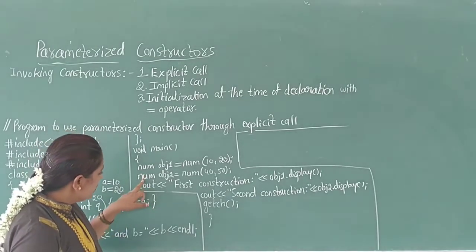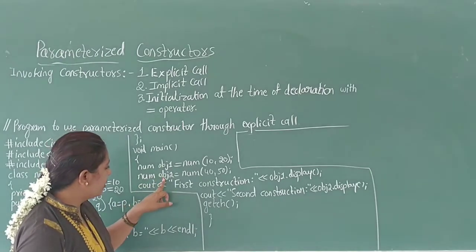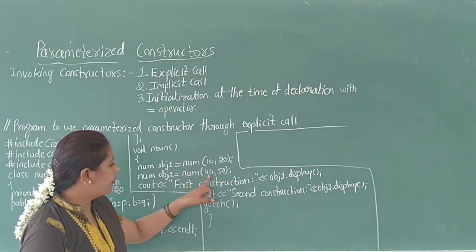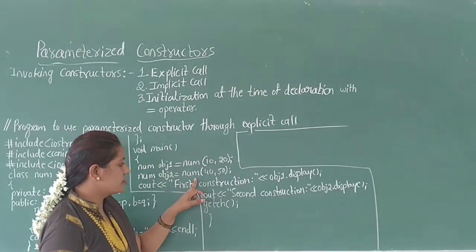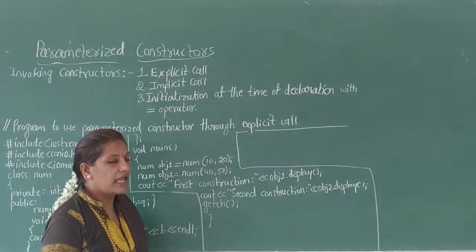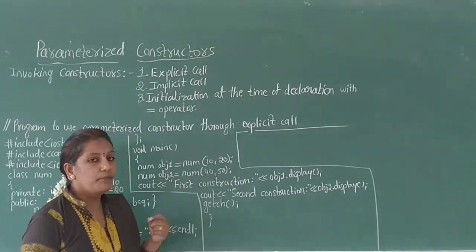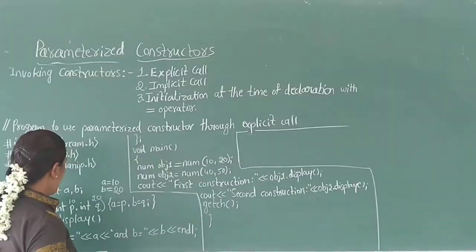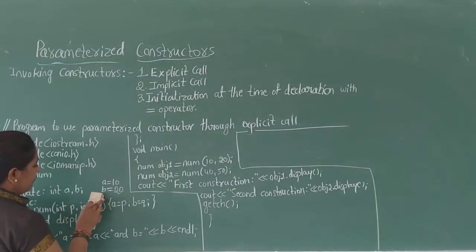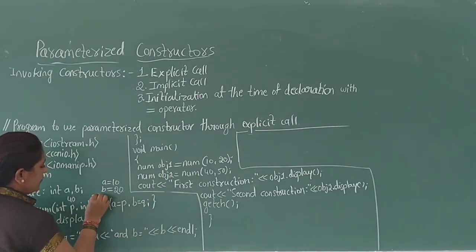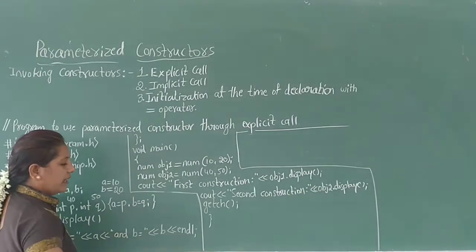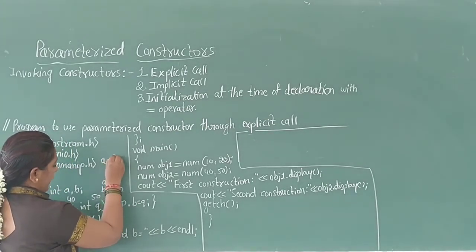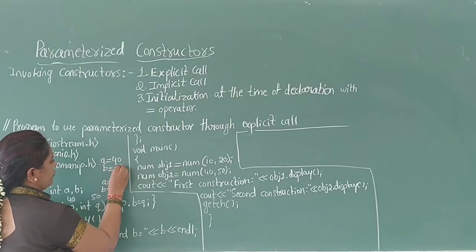Next statement: num obj2 is equal to num(40, 50), using the second object with the assignment operator, constructor name, and different argument values enclosed in parentheses. One more time the parameterized constructor is called. Again, P is assigned 40 and Q is assigned 50. Then P is assigned to the variable A and Q is assigned to the variable B. Now A is 40, B is 50.